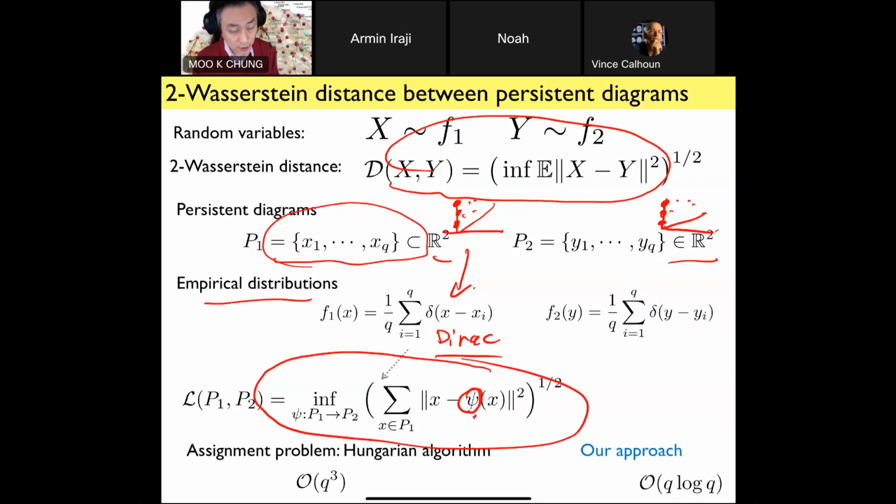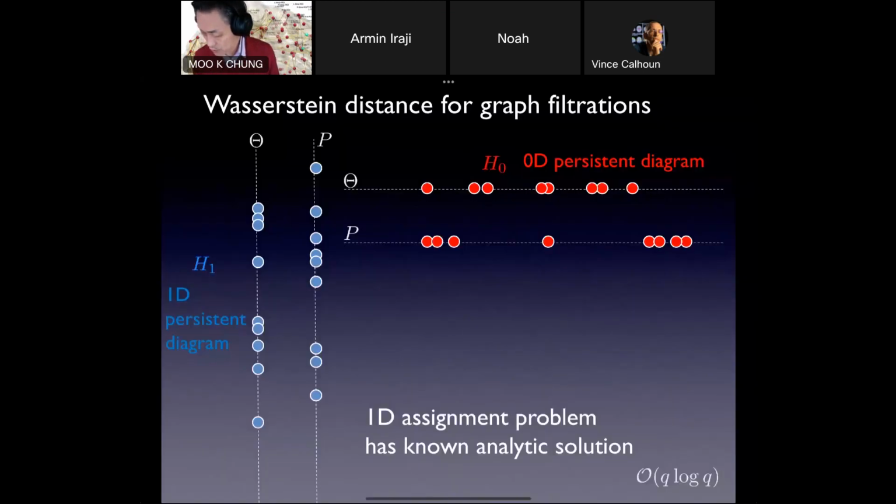So you have to permute the node labels and identify. Again, it's computationally very heavy. It's a cubic algorithm. Now, our approach is Q log Q, and I'll show you why.